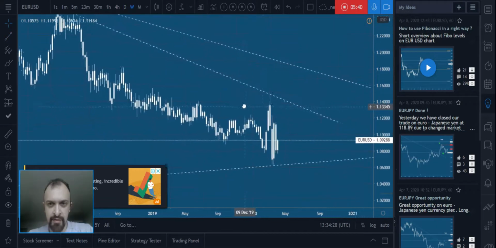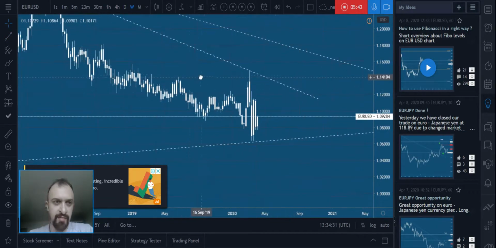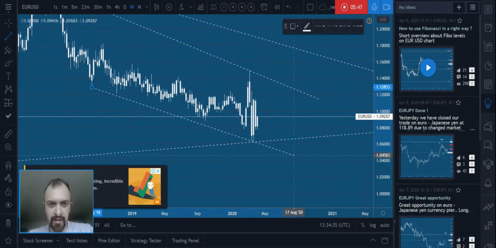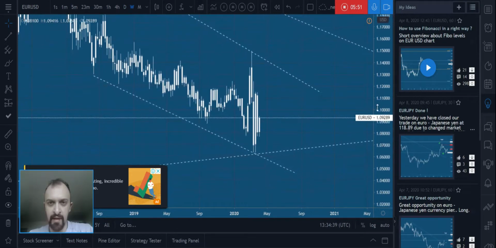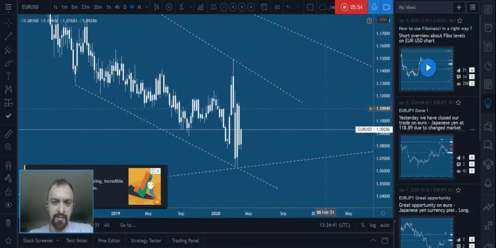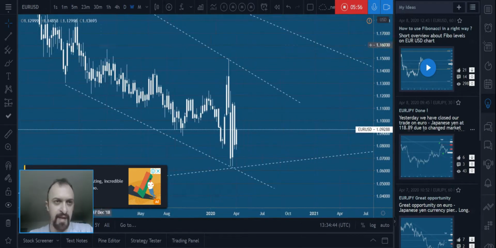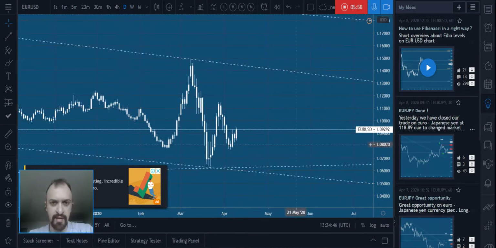I think this trend line will also give me some information. I will draw another trend line here too. Okay, now I have some information. Then I will switch to the daily chart.